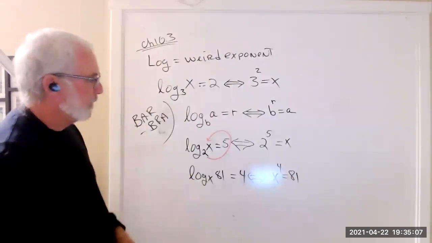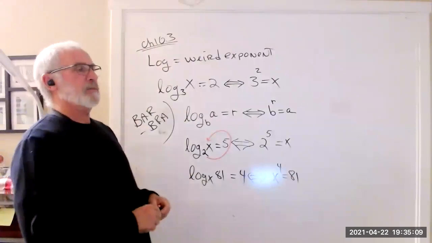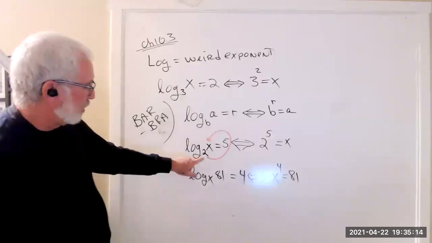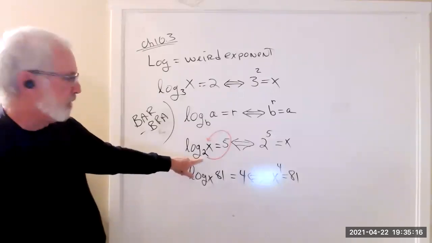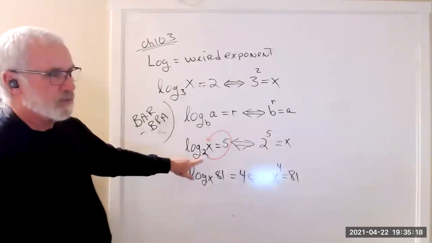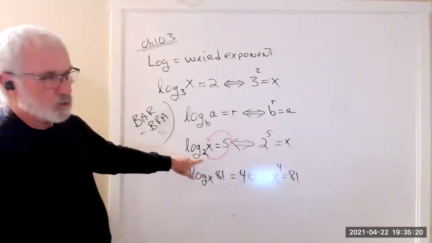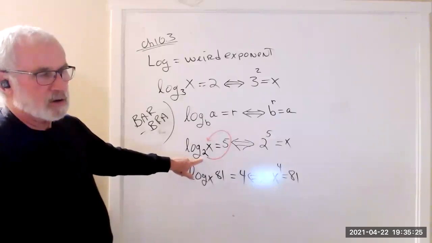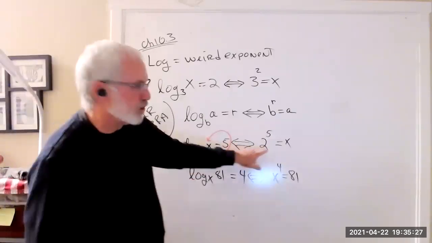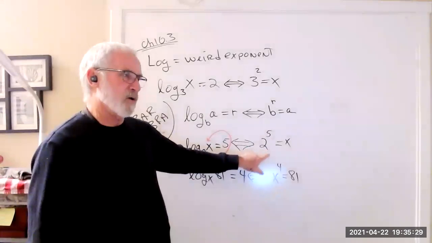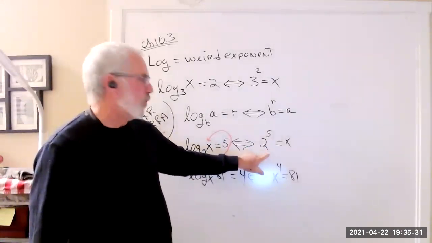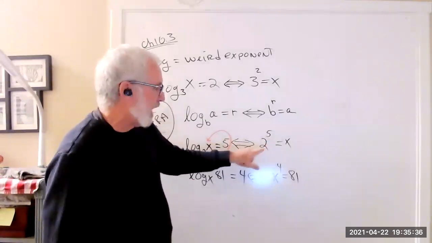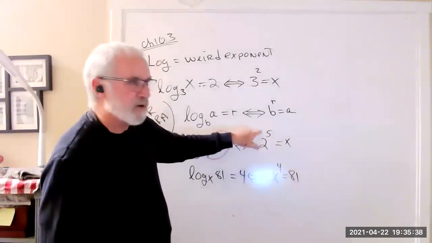We're going to do a few more, but I want you to notice something. Let's go back and look at this one. Look where I'm pointing. Log base 2 of x equals 5. Currently, there's no way to do that problem. But if you change its form, suddenly you got x alone, and you can work out 2 to the 5.